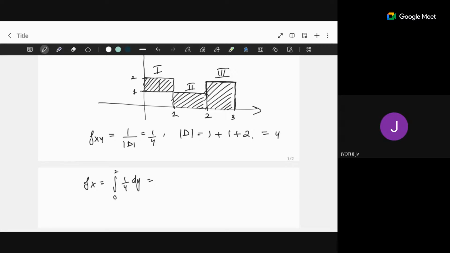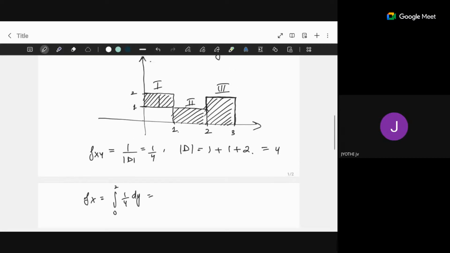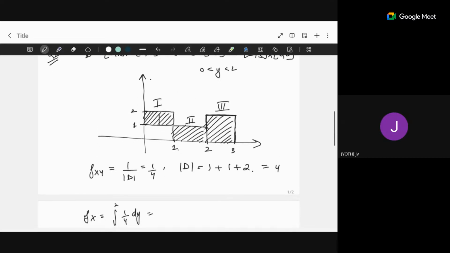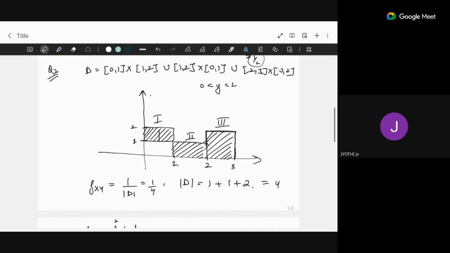Because in the first figure there is a gap between 0 and 1. Can we do like that? In the first figure, we have a gap. If you're taking it separately, you would be taking the area of the first one, then the area of the second one.